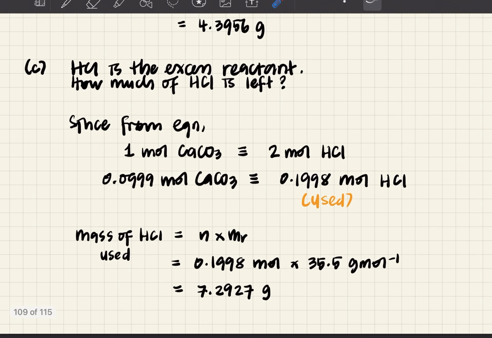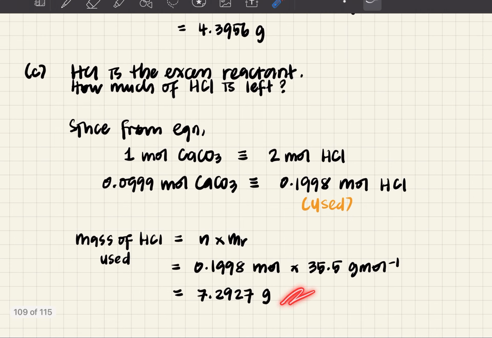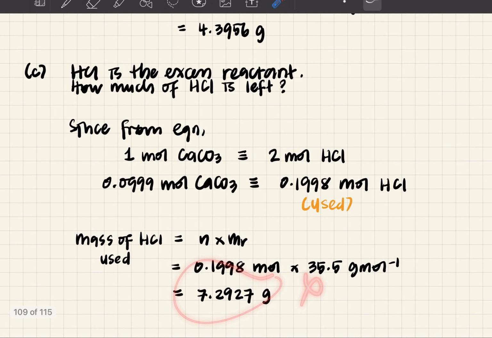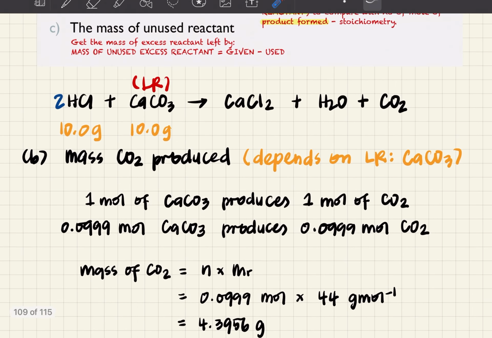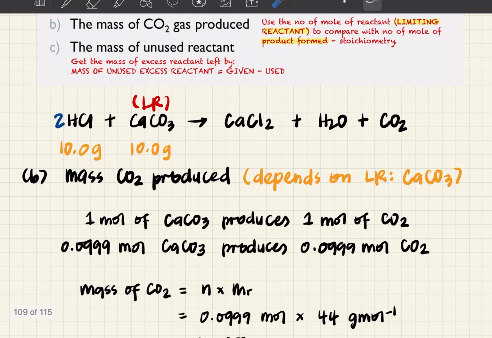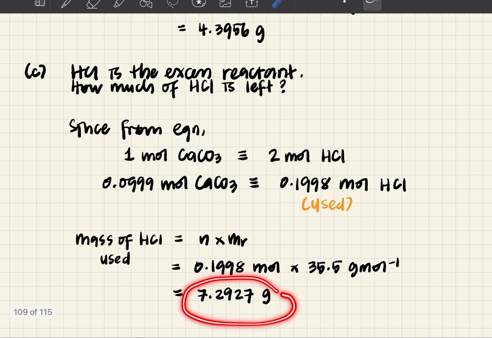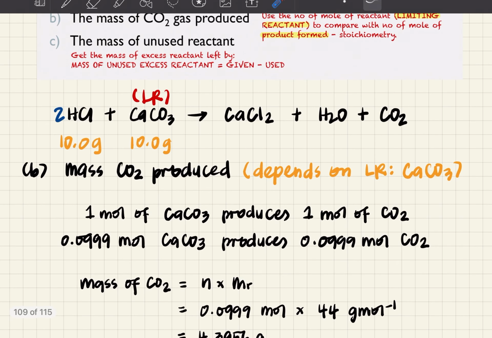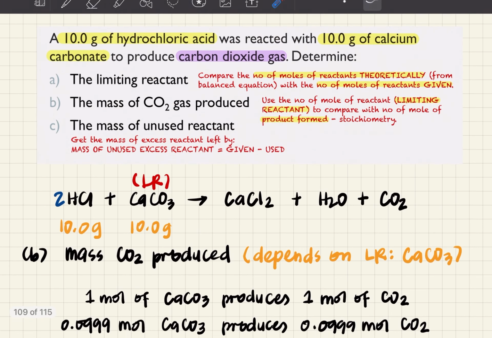So maksudnya last adakah ini final answer? Bukan, okay, this is not the final answer. So ini baru awak dapat beberapa markah. So final answer awak kena tolak lah 10 grams dengan this. Okay, to find the mass of unused excess reactant. Alright, so nanti dalam kelas nanti saya tanya.